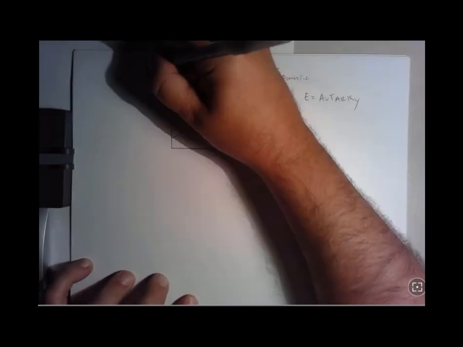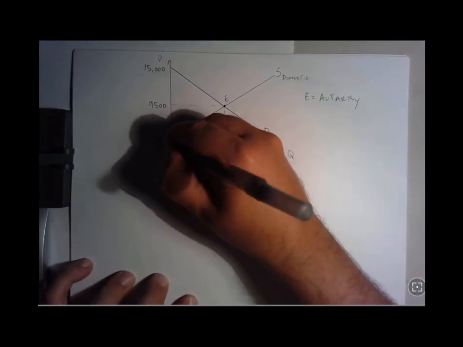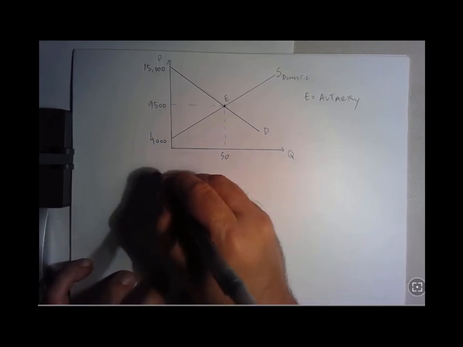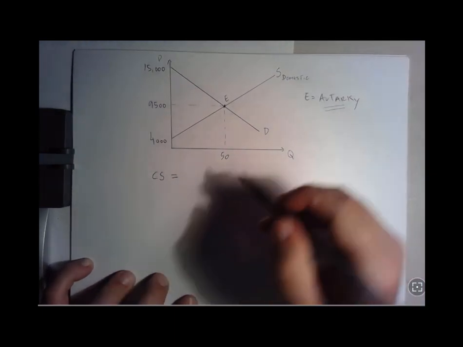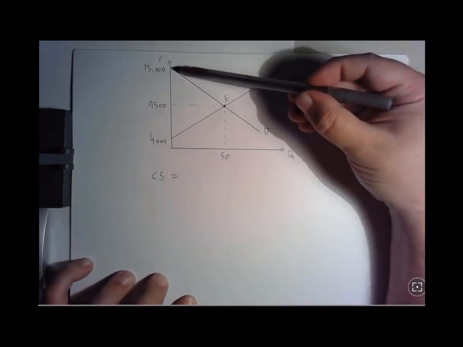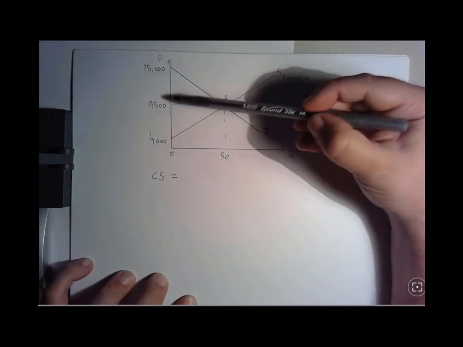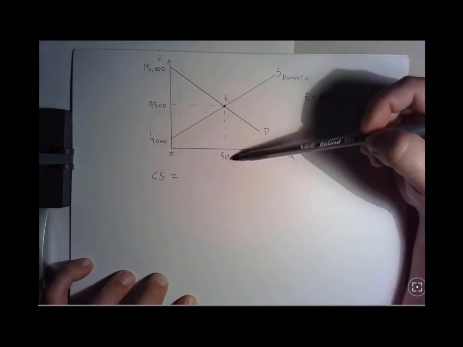So if the intercept for the demand curve is 15,000 and for the supply curve is 4,000, we then will have a consumer surplus under the autarky scenario equal to, well, what is the consumer surplus? The triangle bounded by how much the domestic consumers were willing to pay for the first unit available. That's the intercept of the demand curve. How much are they actually paying at equilibrium? And taking into account the quantity that clears the market.